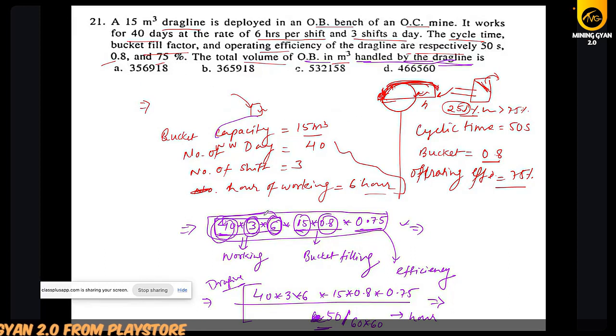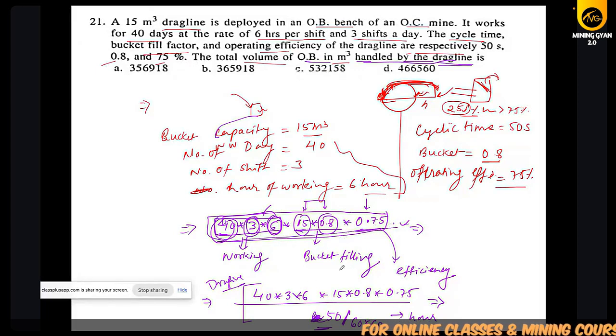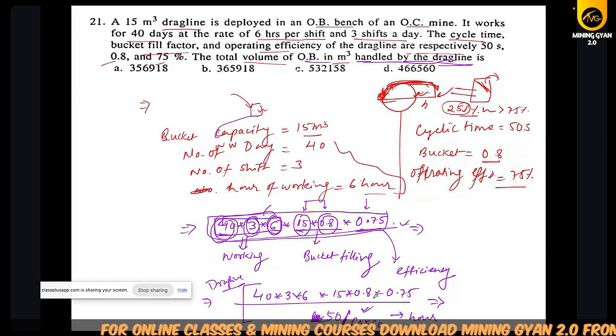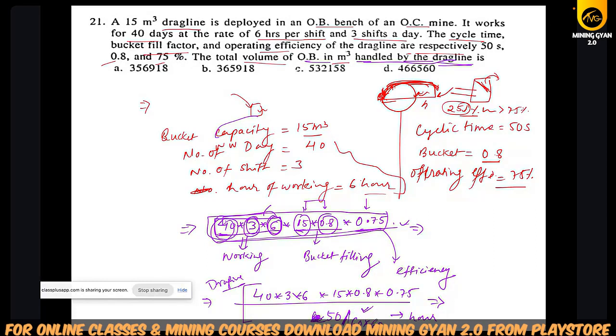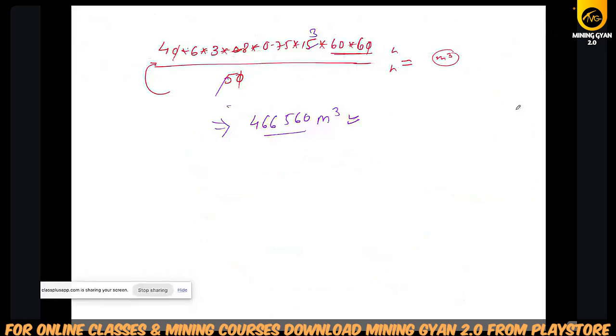Okay, so in this working, the bucket capacity is 15, the filling factor is 0.8, and the efficiency is 0.75. So we multiplied all of this to get what is handled by the drag line, then we divide by the cyclic time of the drag line. So 50 divided by 60 into 60, because we have converted into hours. So when you solve, you will get your desired answer.